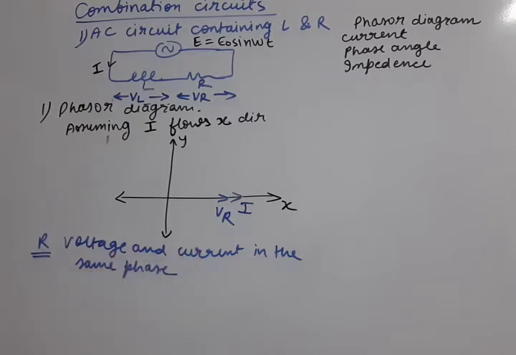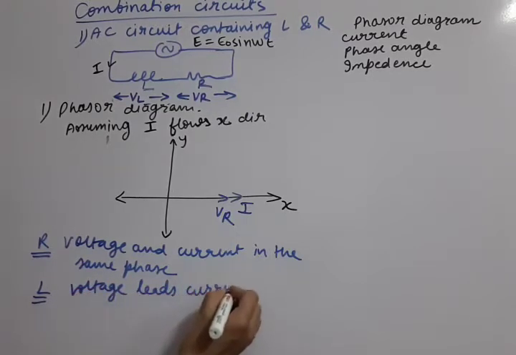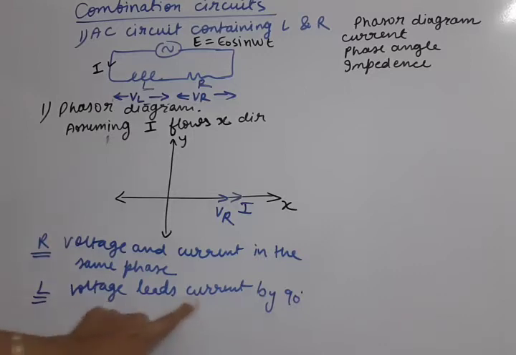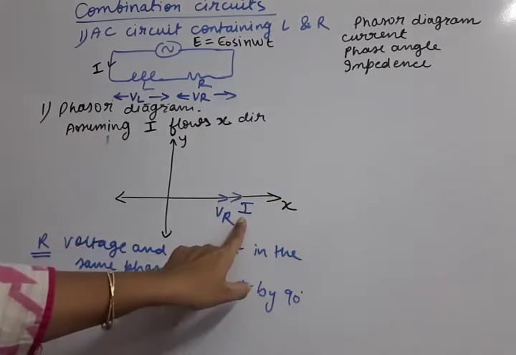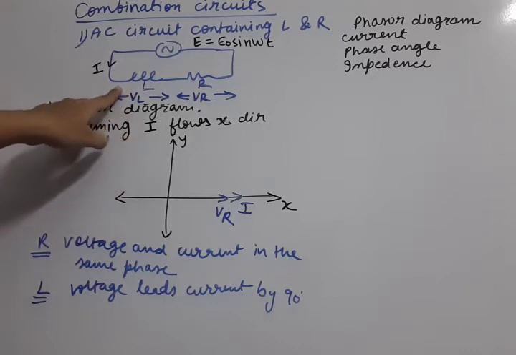Okay, now the second component is L, the inductor. For an inductor, the voltage leads the current by 90 degrees. This you already know, and these conclusions we have picked from the basic circuits. The total current of the circuit is in the X direction. So where do we show the VL voltage?